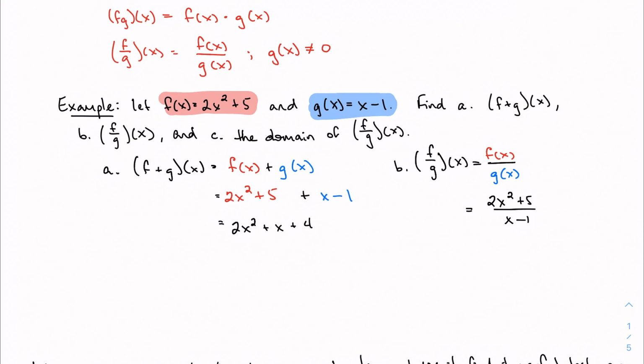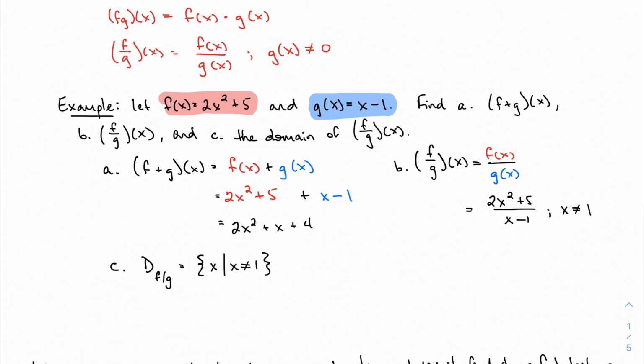Done. And of course, this comes with the catch that x can't be 1. It's kind of our spoiler alert for the domain. We know that the domain of f over g of x is going to be all of the x such that x cannot be 1.